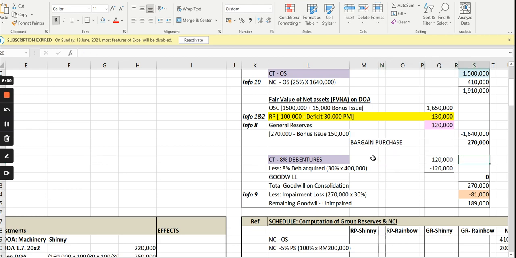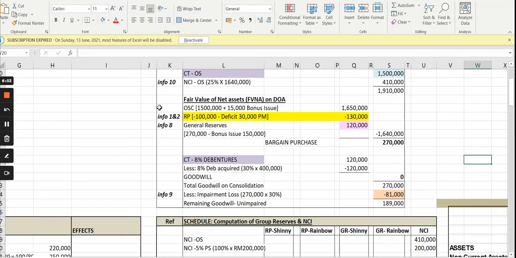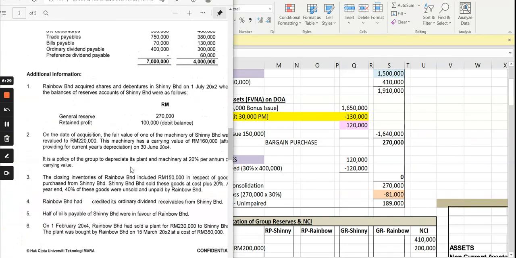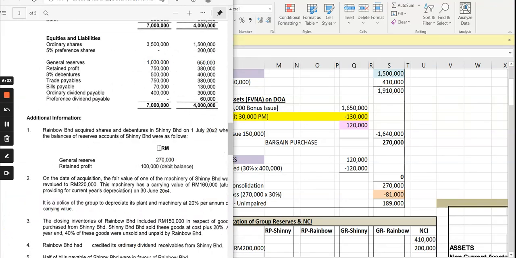This must be done first in case you have a bonus issue, and it is from information number 8. This is the same as what you have earlier for general reserve, which has been decreased. Earlier on, it was 270,000. We are talking about the general reserve on the date of acquisition, which is 1st of July, year 2. This is the general reserve that we are using.